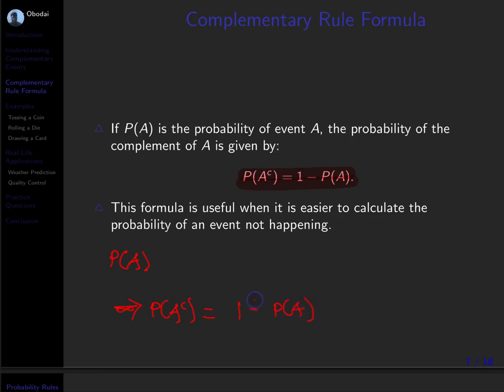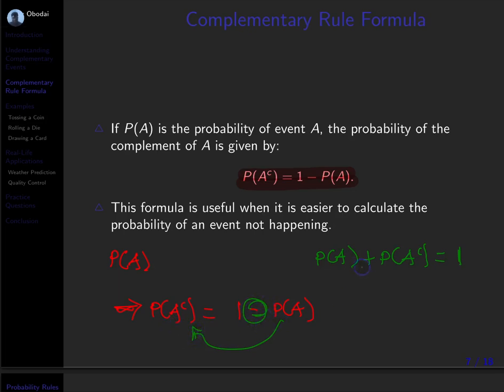Do you see that? This should tell us then that the probability of A plus the probability of its complement is always equal to 1. Do you see that? Take your time and observe that. Because if we make 1 the subject and the probability of A goes to the left-hand side over here, then instead of the negative we have here, it's going to become a positive.